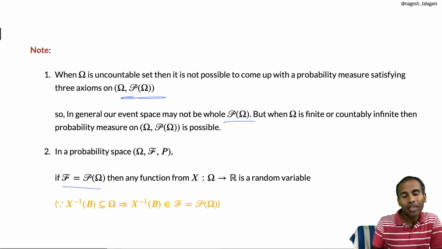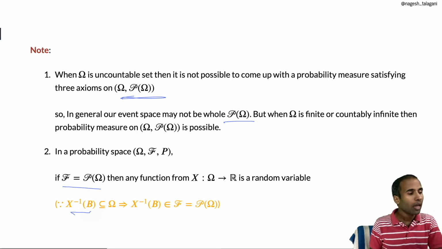In a probability space, if you take script F to be the power set of omega, if that is possible, then any function from omega to R will be a random variable. Because whenever you look at the inverse image of any Borel set, that is going to be a subset of omega, and every subset of omega is included in the power set of omega, which is our script F now. So in this case, we don't even have to check this condition. Whatever function we take, this condition will be fine.